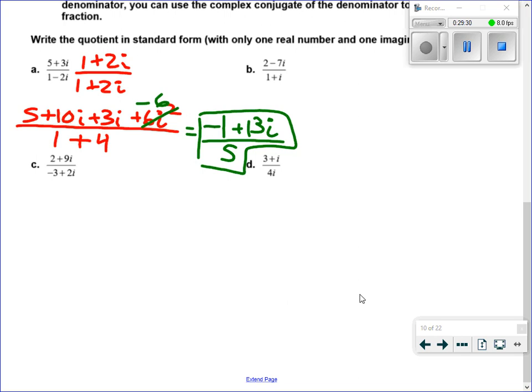So let's look at C together too, then you guys can try B and D on your own. So for C, what is the conjugate of that denominator? So remember, just that middle sign changes. It's not a positive 3. It's going to stay a negative 3, and it'll be minus 2i.